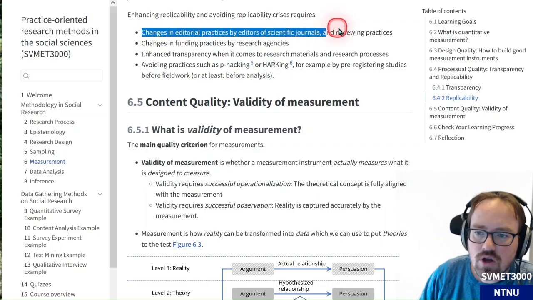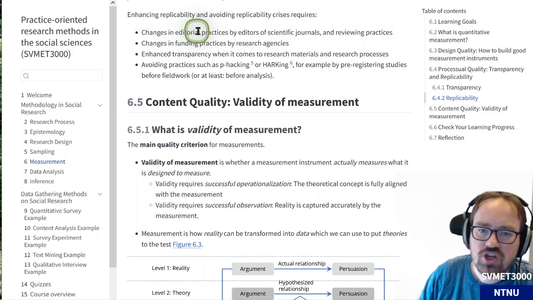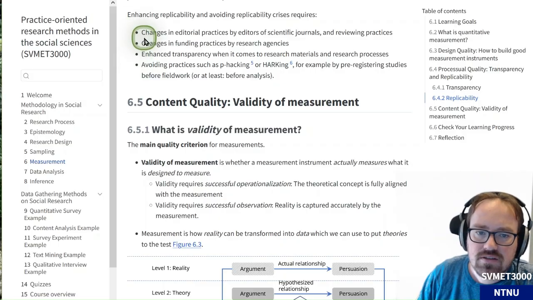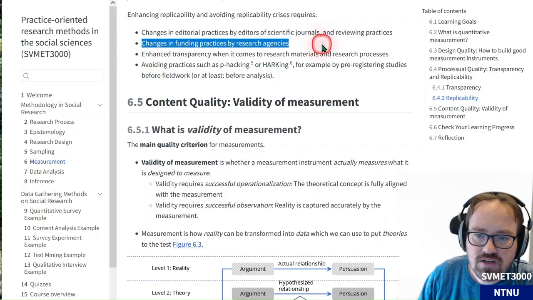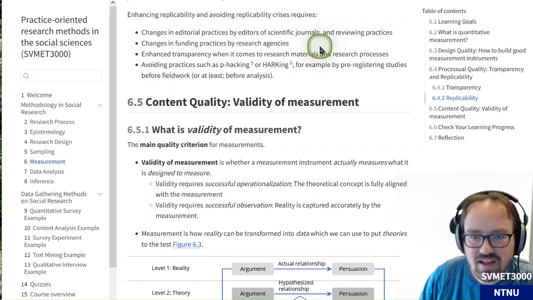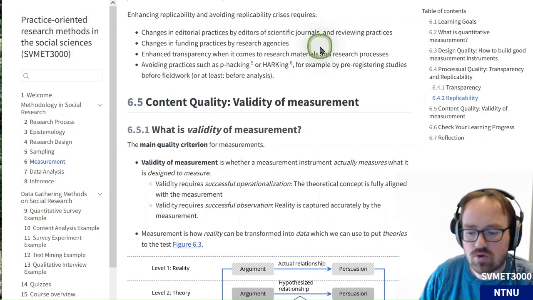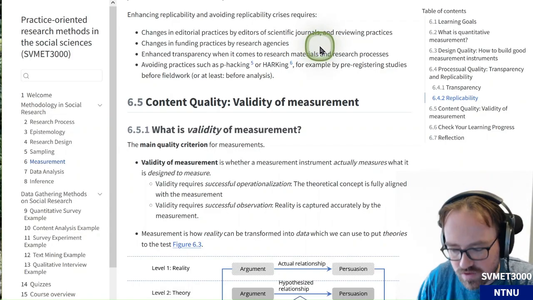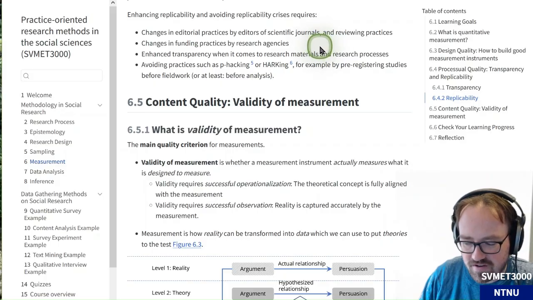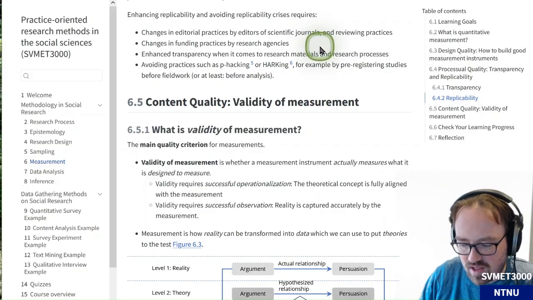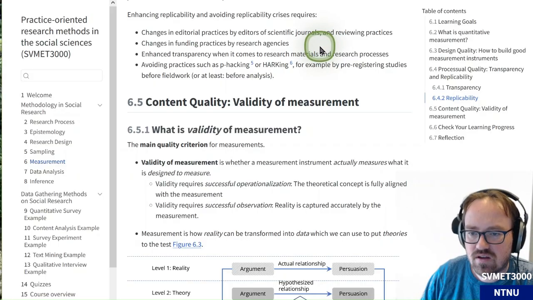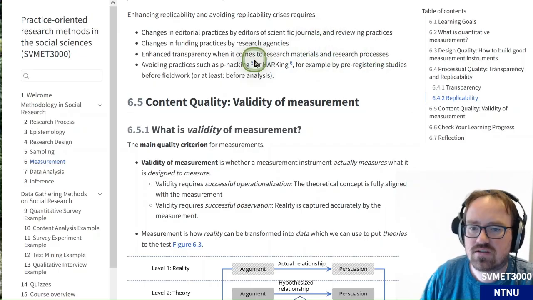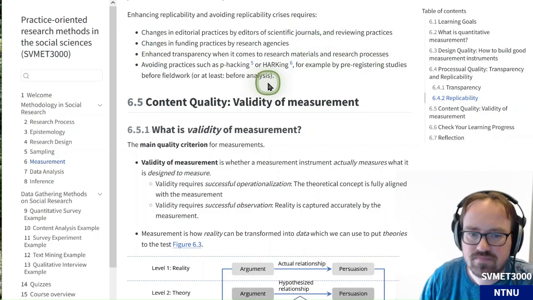So that would push for changes in editorial practices. And if you are a funding agency, it's the same thing. Don't push too hard on the innovativeness front. This allows the important task of replication.